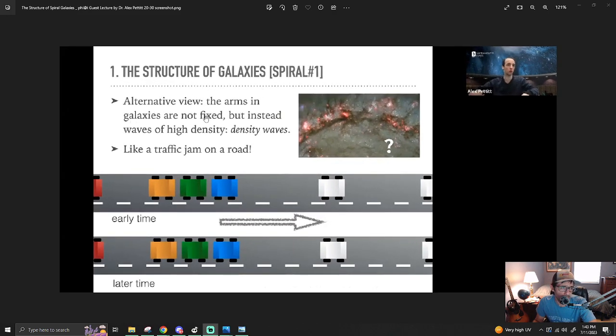Alternative view, the arms in galaxies are not fixed, but instead waves of high density, density waves like a traffic jam in a road.